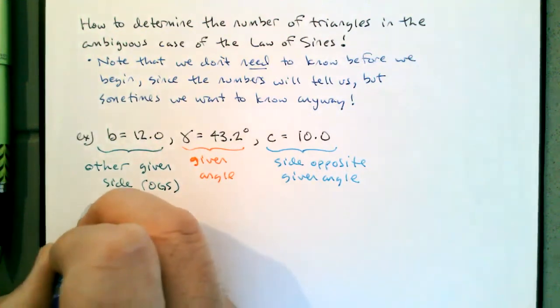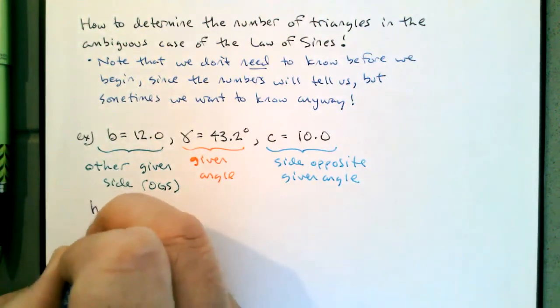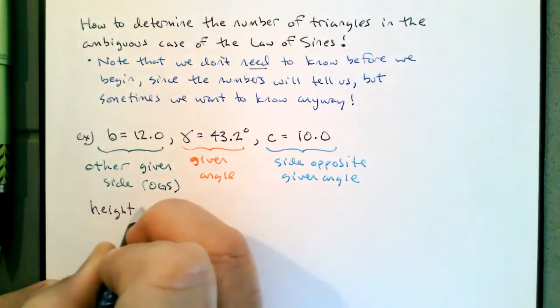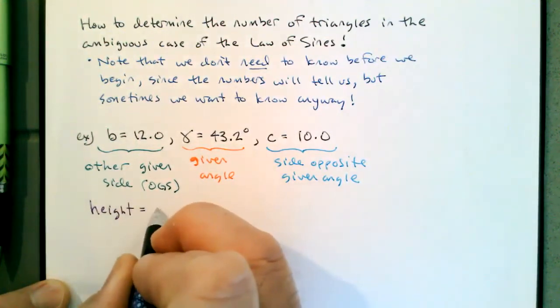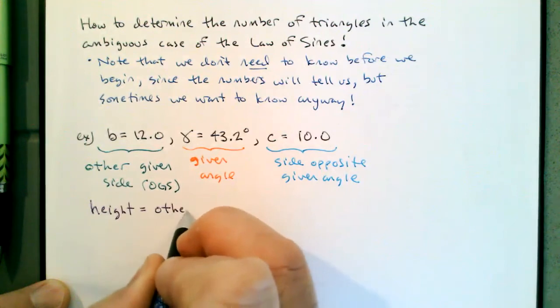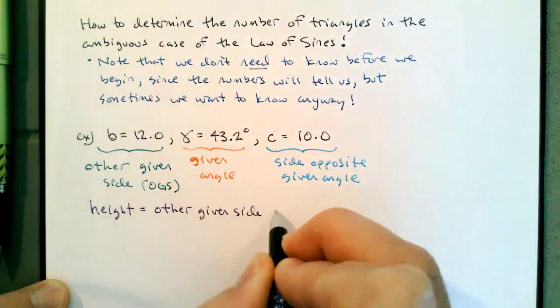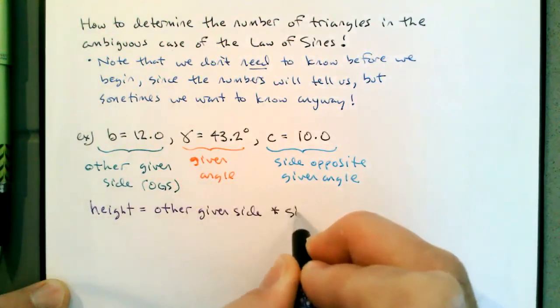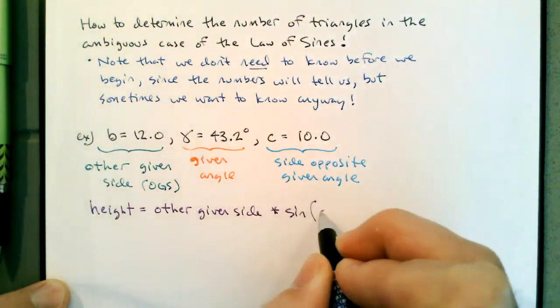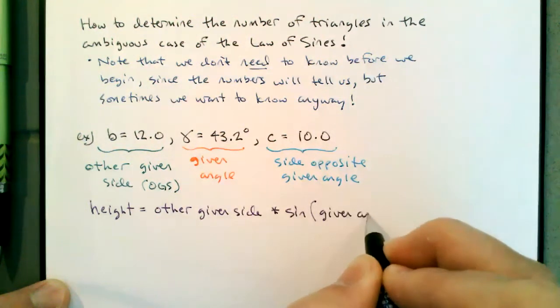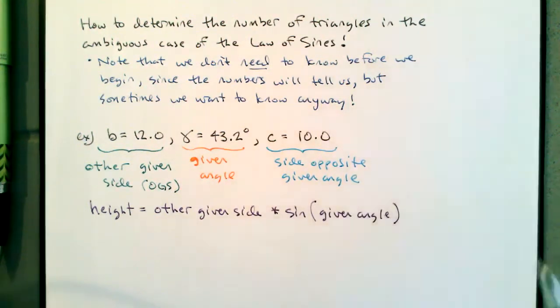So the comparison is always how the side opposite the given angle compares to the height of the triangle.